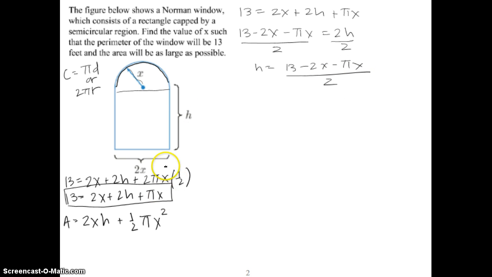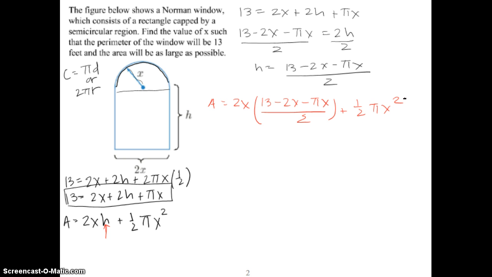So let's plug that into the objective equation. A equals 2x times 13 minus 2x minus pi x over 2. We're going to plug that in for h here. Then plus 1/2 pi x squared.